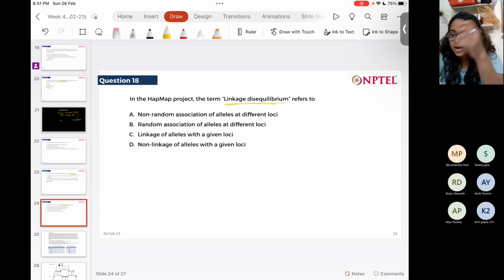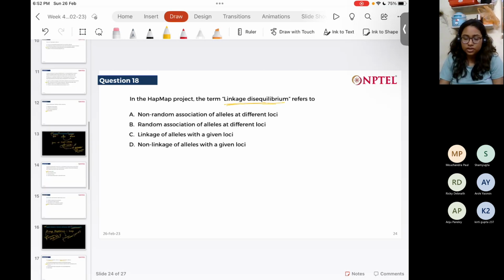What do you think is the correct definition of linkage disequilibrium? Linkage of alleles within a given locus refers to what I drew in this slide.